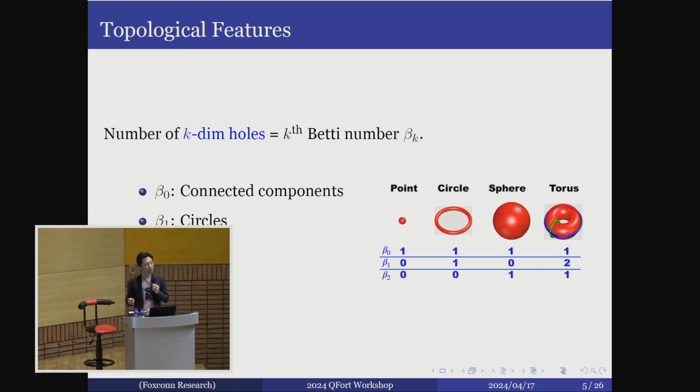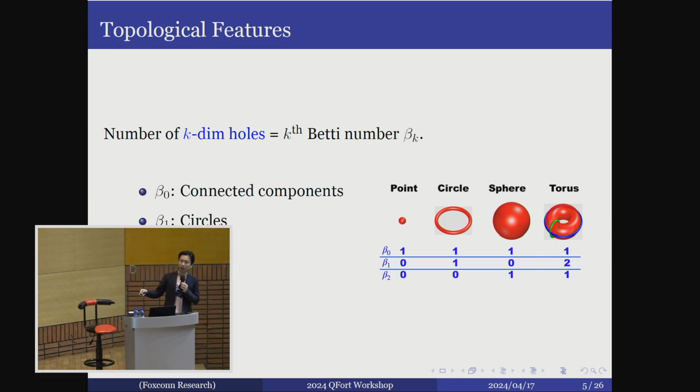These are a few examples of Betti numbers in small dimensions, because when it goes to higher dimensions, we won't be able to draw it. That's why sometimes topology is hard to imagine. It's hard to draw in a 3D world. The zeroth Betti number, beta 0, counts connected components, a vertex or a dot. The one-dimensional hole, beta 1, is a circle.